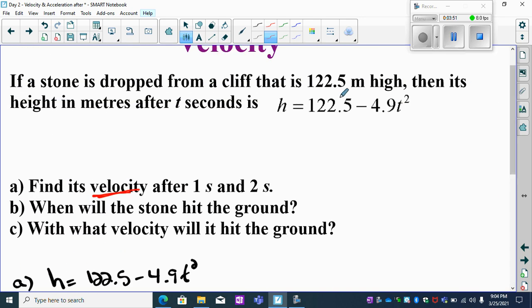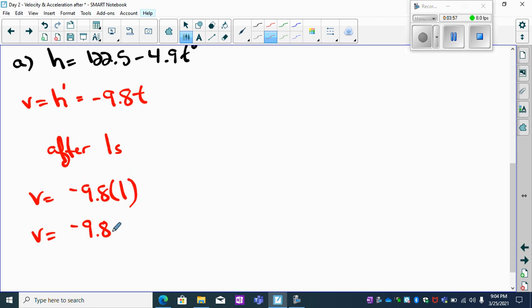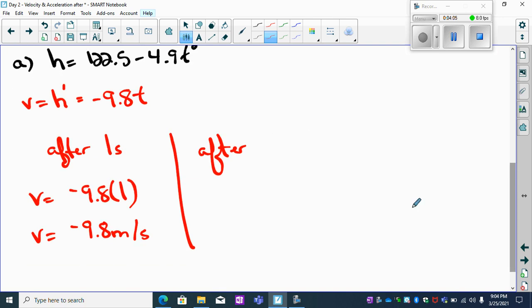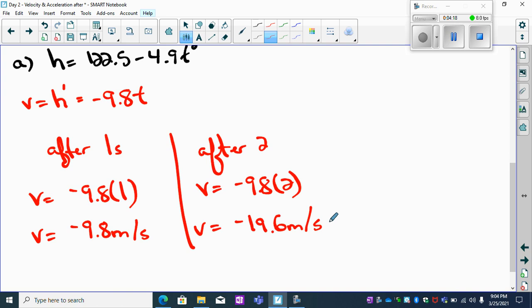And our units would be meters per second for velocity. They also want to know the velocity after 2 seconds, I believe. So I'm just filling a 2 in for t in this case, and I get negative 19.6 meters per second.